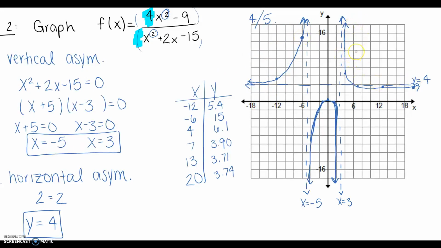But to the right of the vertical asymptote x equals 3, as the x values are getting larger, the graph drops below the horizontal asymptote, and then it approaches it from below. You see how it kind of goes back up again? So remember, it's okay. Not every part of our function will necessarily follow the horizontal asymptote, but we do have one that exists.